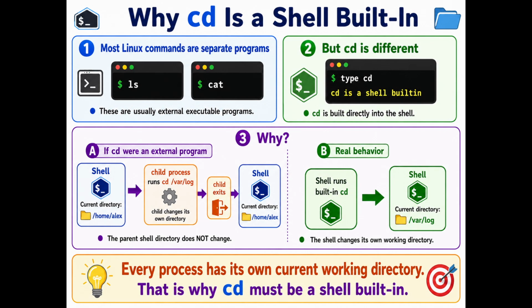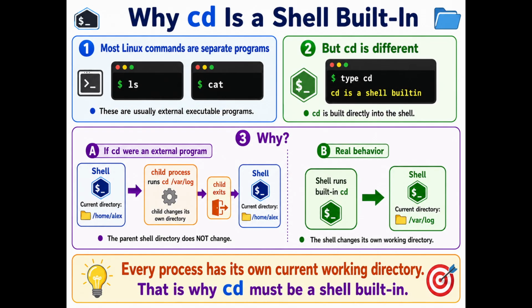When the child program ended, the shell would still be in the old directory. Therefore, the shell itself must perform the directory change. This is why cd is a shell built-in command. You do not need this knowledge to use cd. But it reveals an important idea. The current working directory belongs to a running process.